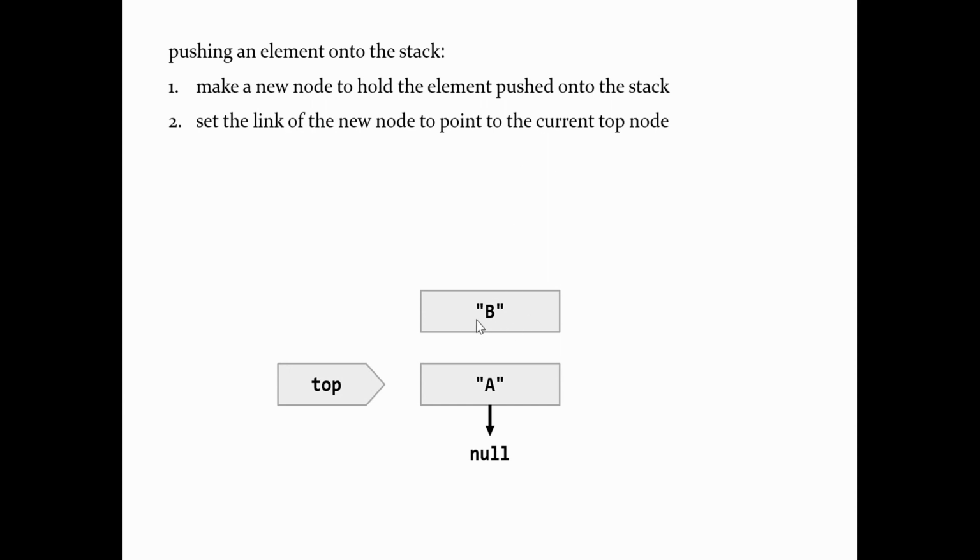In other words, I'm going to link node B so that it has a link to this node here. This link is just a reference, so this node has a reference to the next node in the sequence. Remember, null means no object. The old top node has nothing after it, so we use null to indicate that there's nothing after that node.